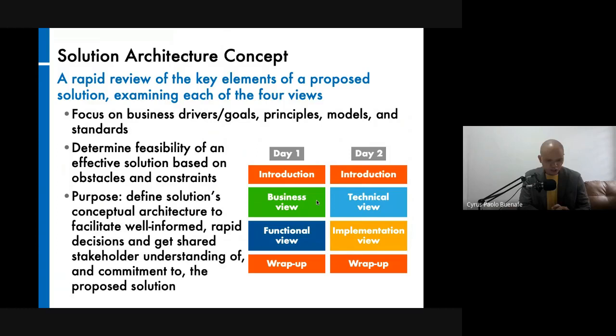Now, the purpose of the architecture concept is that you want to be able to define the conceptual architecture. Eventually, your solution architecture concept is supposed to lead you to come up with a more accurate blueprint. And of course, the concept is intended to facilitate well informed, rapid decisions and get shared stakeholder understanding and commitment to the proposed solution.